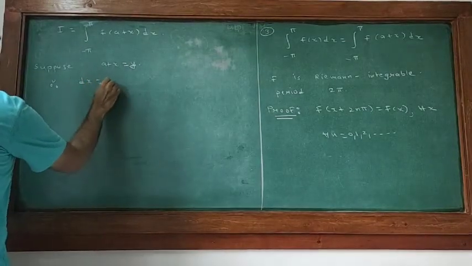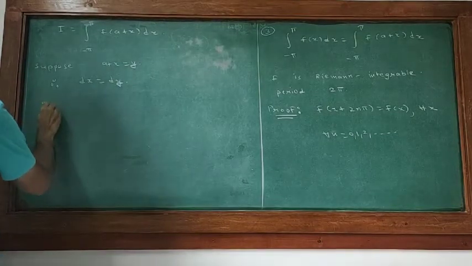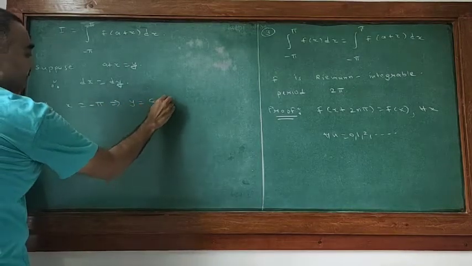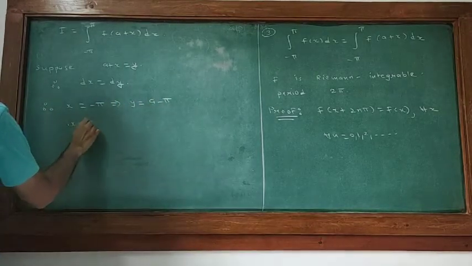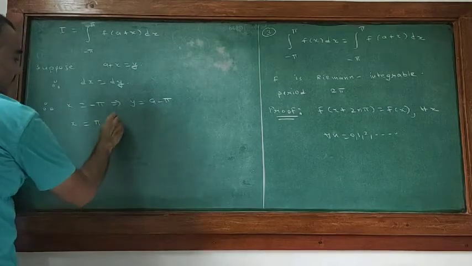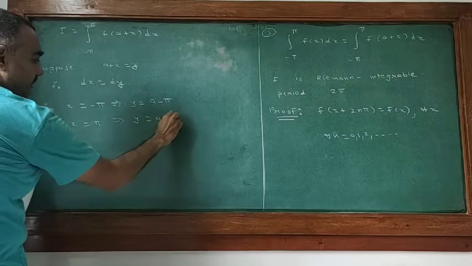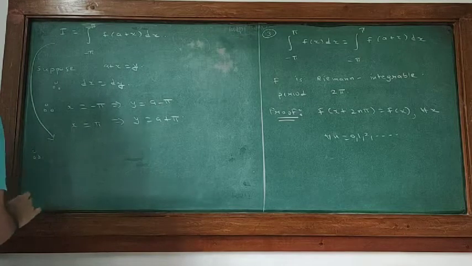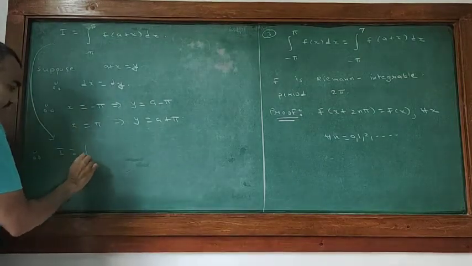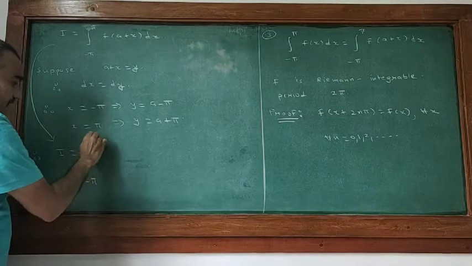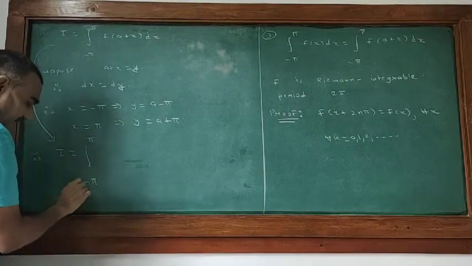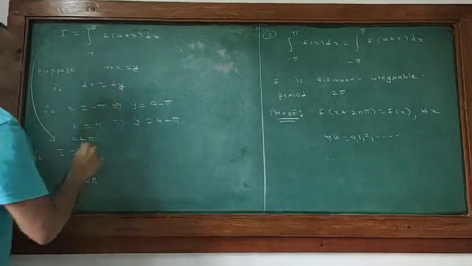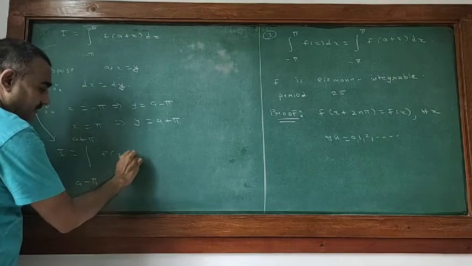Therefore dx equals dy, and x equal to minus pi implies y equal to a minus pi, and x equal to pi implies y equal to a plus pi. So this integration becomes the integral from a minus pi to a plus pi, because now we write it in the form of y, and therefore f of y dy.